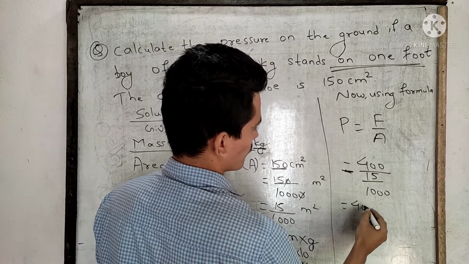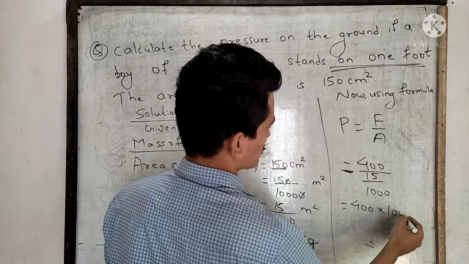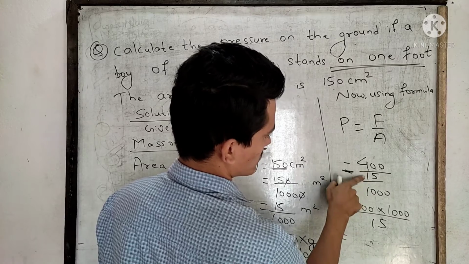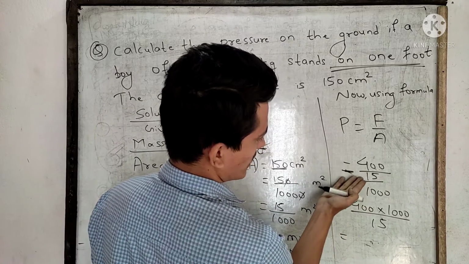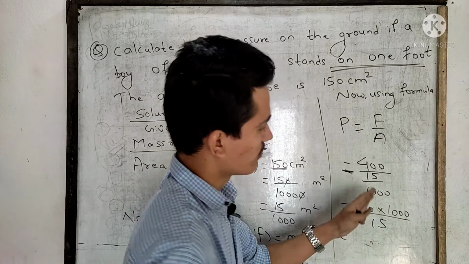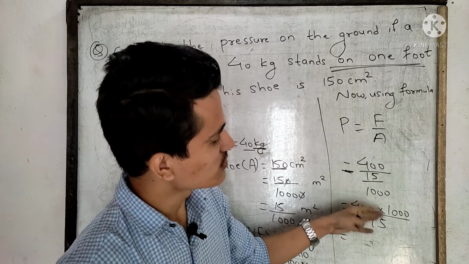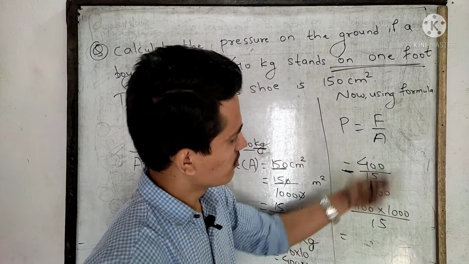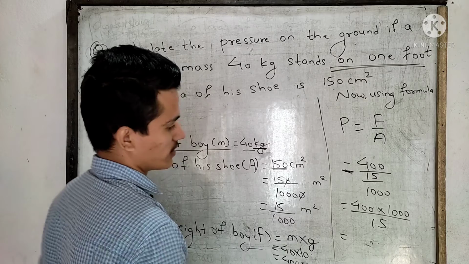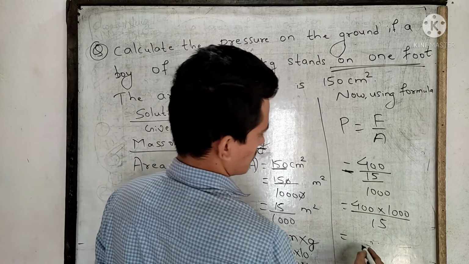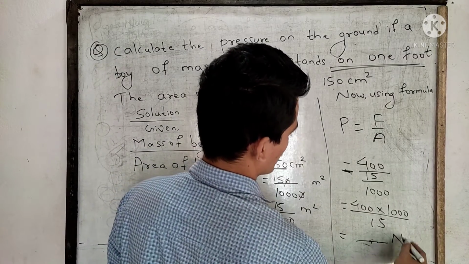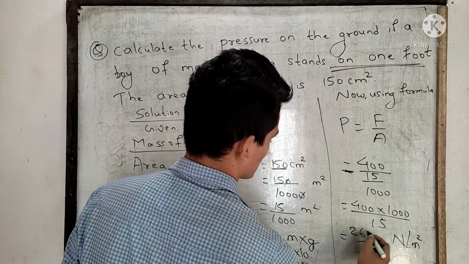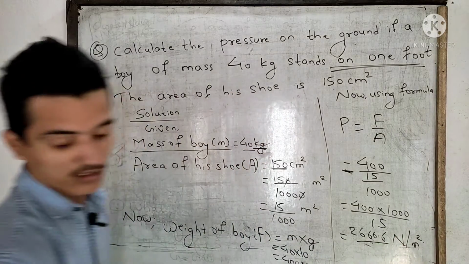Now 400 into 1000 upon 15, because when we convert division into multiplication form, this 1000 goes upward, because it is in the lowermost part, and 15 will be downward. Now you can easily calculate using a calculator and write here Newton per meter square: 2666.6. 2666.6 Newton per meter square is the answer.